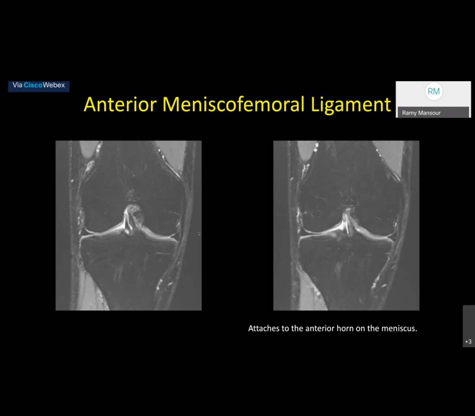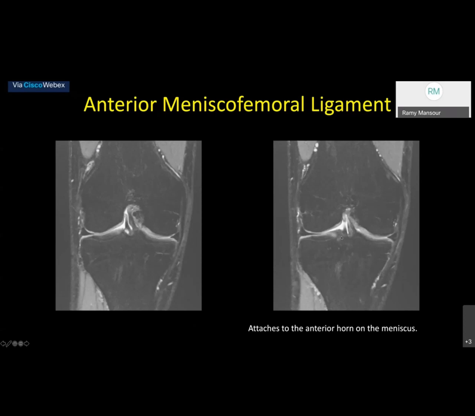One of the rare ligaments, not commonly seen in normal people, only in less than 5%, is the anterior meniscofemoral ligament. If you come across it as a normal variant, you will see it's very close to the ACL and has the same course. But the difference is that the ACL is inserted on the anterior tibial spine, while the anterior meniscofemoral ligament is attached to the anterior horn of the menisci.